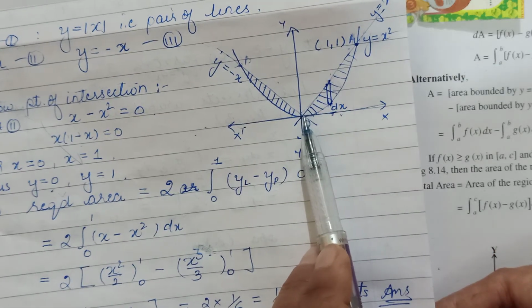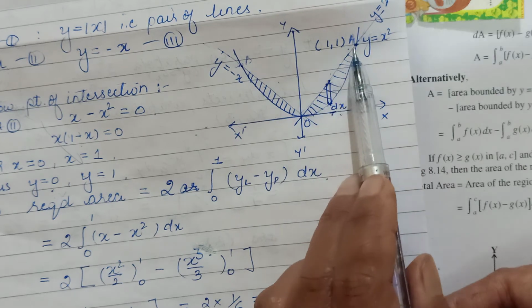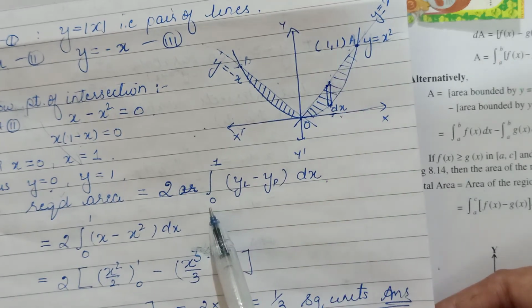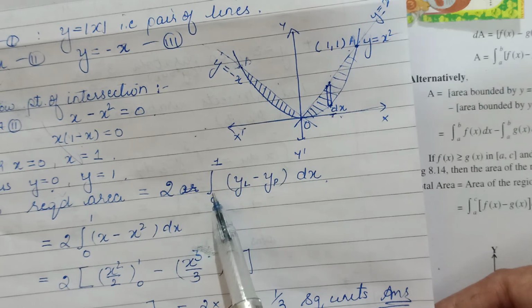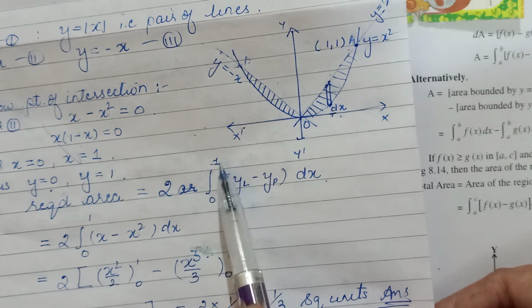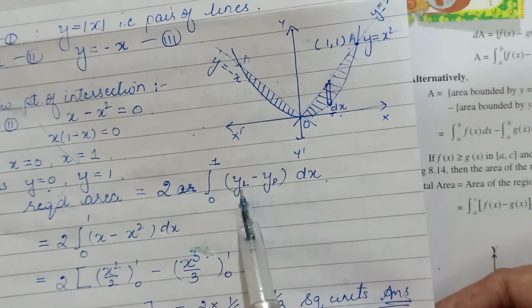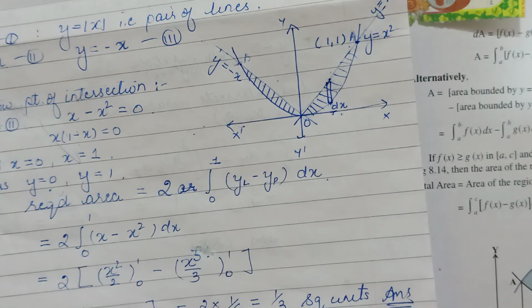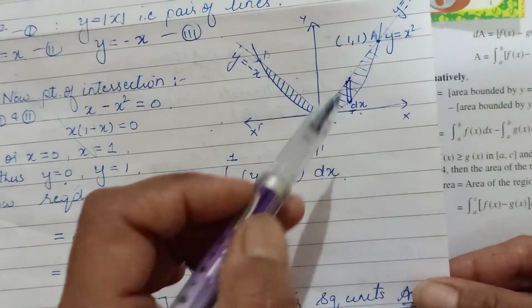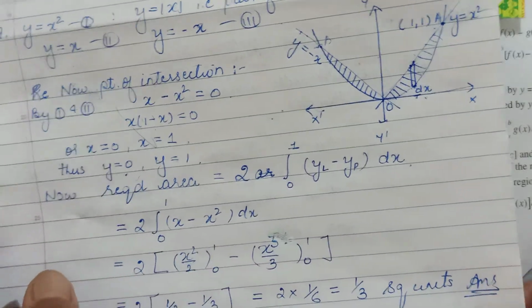When x was 0, the area started from here, and it went till where x was 1. So my limits are decided: we have to move this rectangle from where x is 0 to where x is 1. These are my limits of integration, and that is how I get the area in question. So when there are two curves, you have to be a bit more careful.